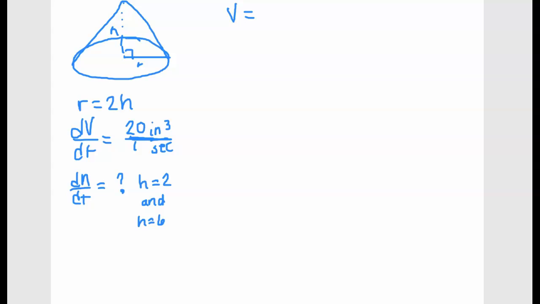So what is the volume of a cone? Anybody know? Perfect. Volume of a cone is 1/3 pi r squared h. Typically, if you need a formula, the AP exam gives you that formula.